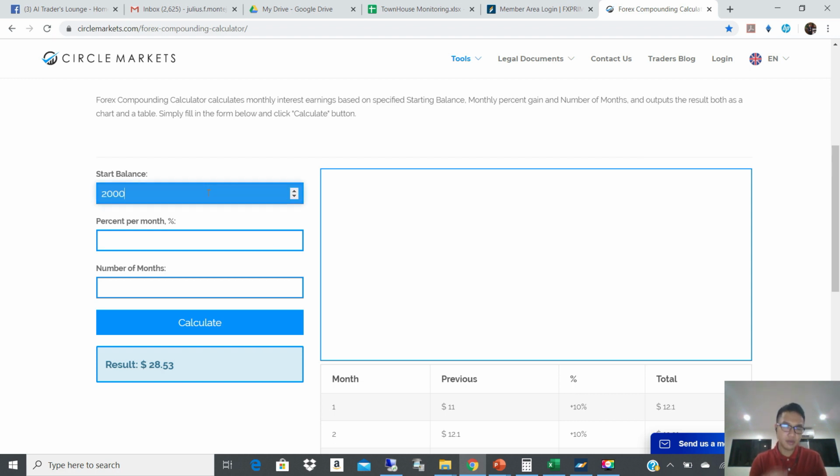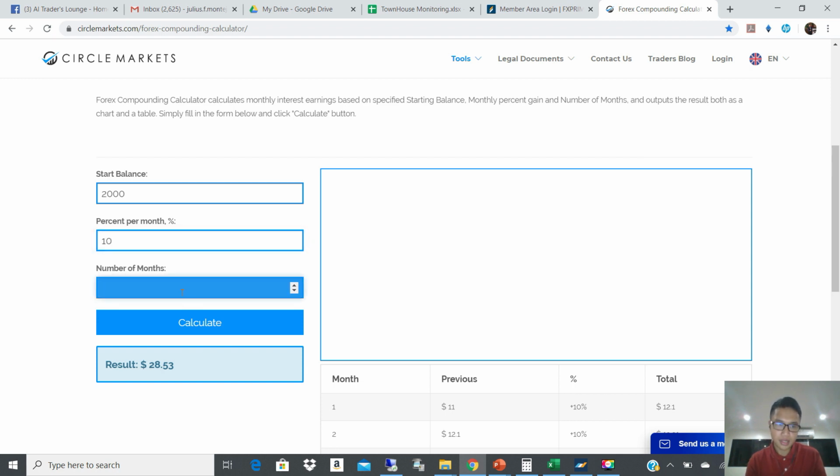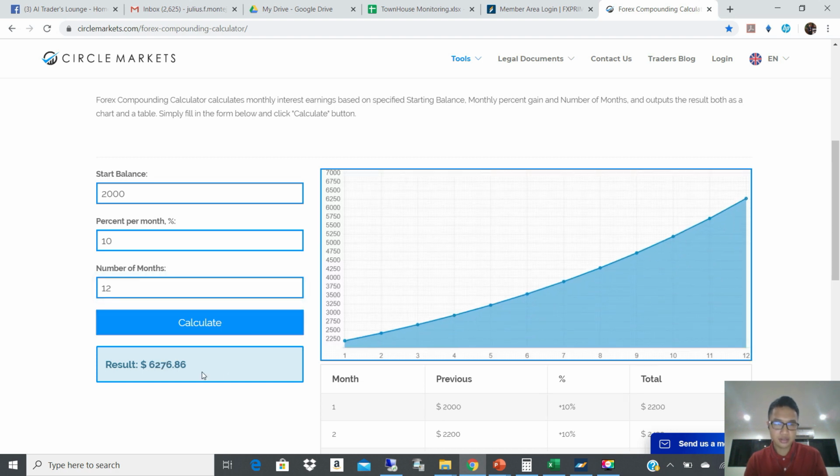So let me give you an example of compound interest. Compound interest is basically interest gained, where the interest of the initial capital also gains interest in the next month. So if you have 2,000 USD and you only aim per month for 10% of the amount, in 1 year that account would grow to 6,276.86.